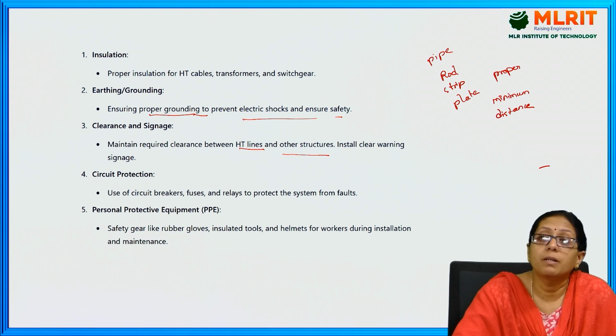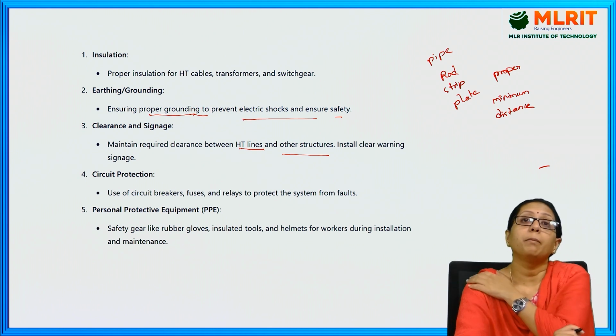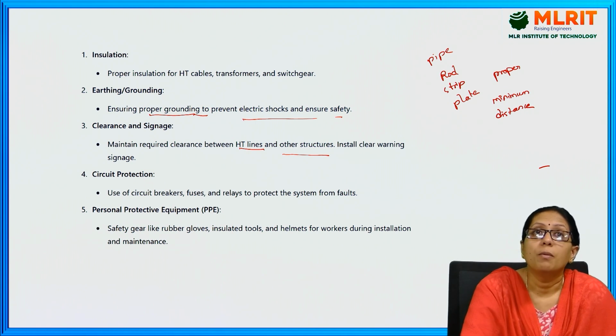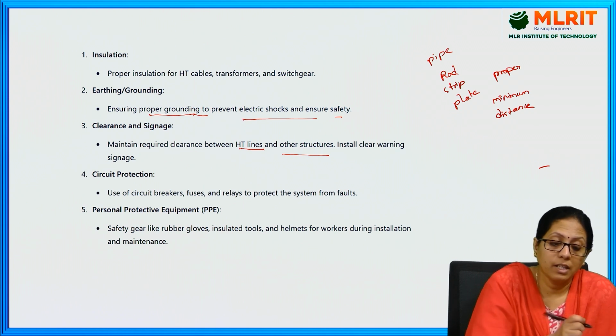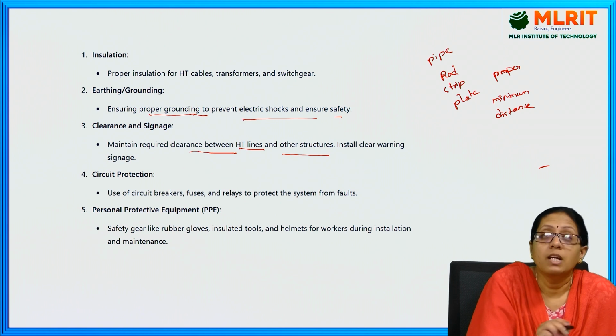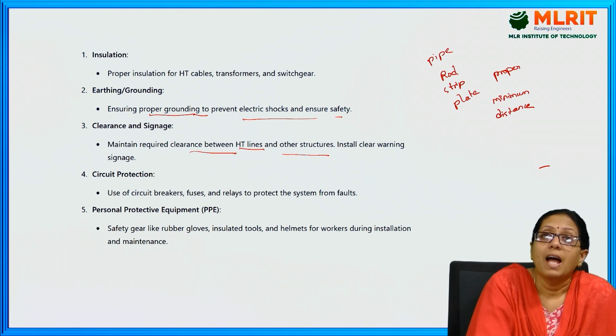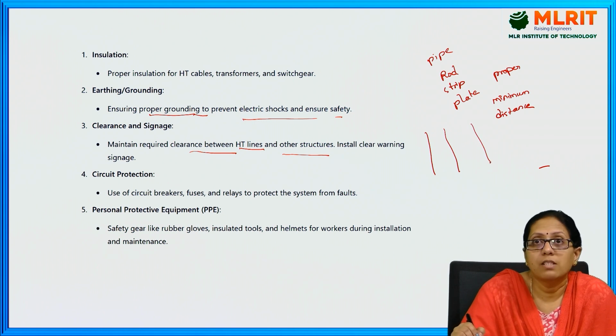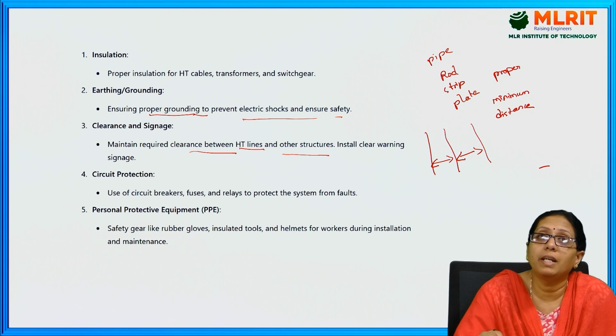A proper minimum distance should be maintained between each structure or each circuit in order to maintain proper voltage without any cross connections. If there are 3 wires placed nearby, the minimum distance between these wires should be maintained. This is nothing but the clearance between these 2 lines.